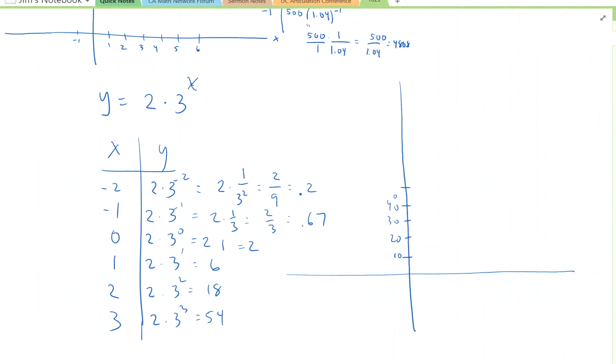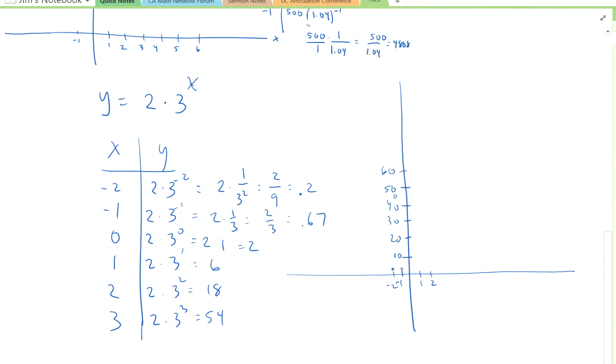So there's 50, 60, and then we'll just do our regular scale, -1, -2, 1, 2. Okay, so at -2 we have 0.2, so that's really, really little.